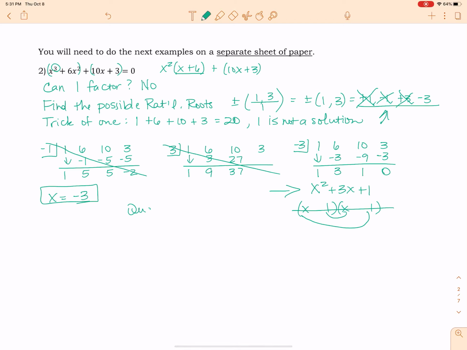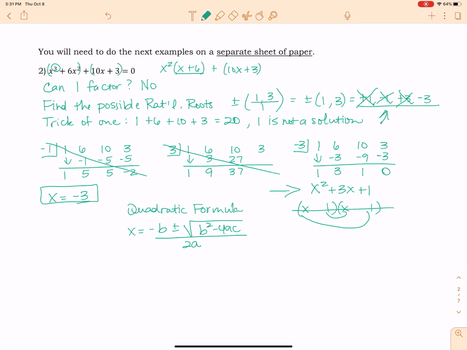Well, we have to use the quadratic formula.